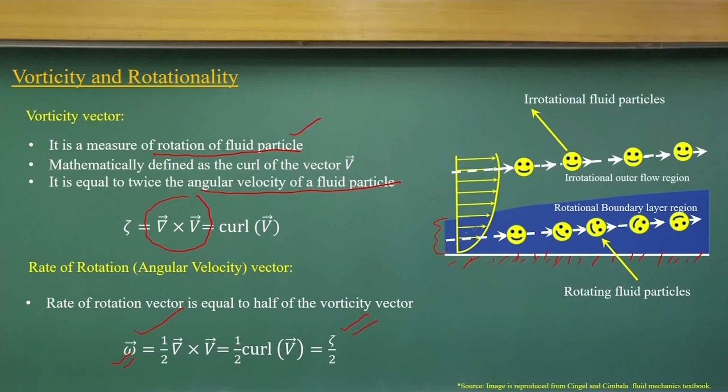There is a zone where there is a large gradient of velocity, starting from 0. Since there is a large velocity variation from one point to another, the fluid particles will not go in a straight line; they will start rotating.